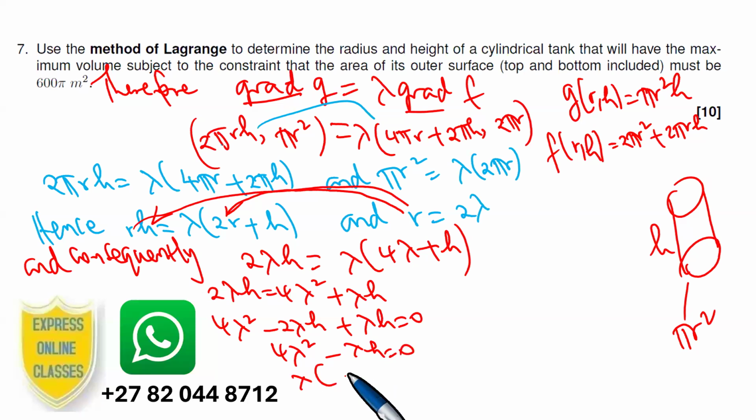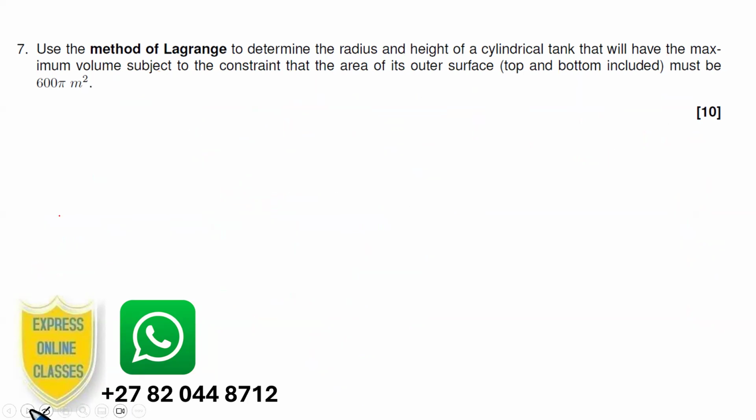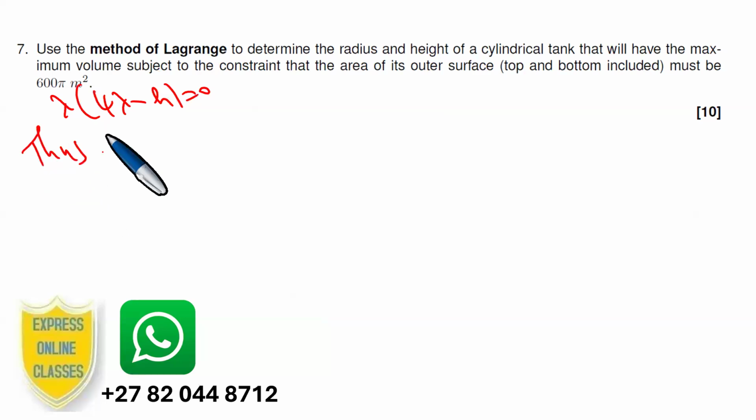Lambda is a common factor, giving us lambda times (4 lambda minus h) equals 0. Thus, from this, we're able to see that lambda is equal to 0, but also lambda is h over 4.